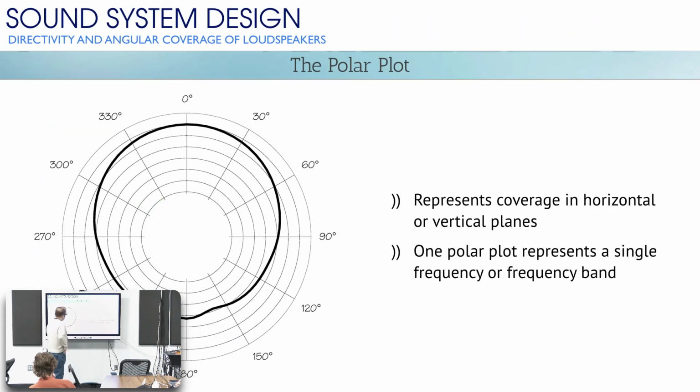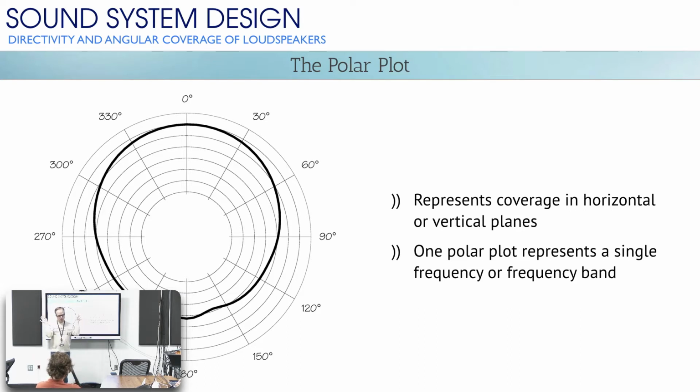Okay, so there's been a lot of effort in trying to figure out how we plot and communicate directivity, because ultimately there's a lot of work and science that goes into trying to figure out how to get loudspeakers to send the sound where you want it and keep it out of the areas where you don't want it.